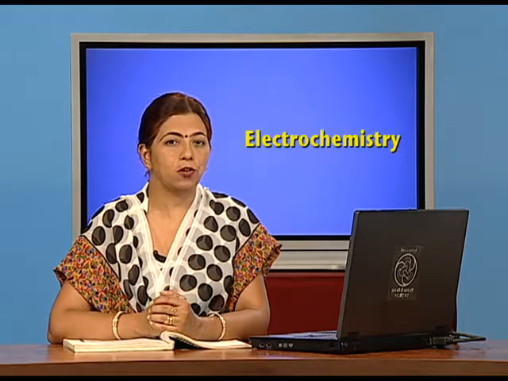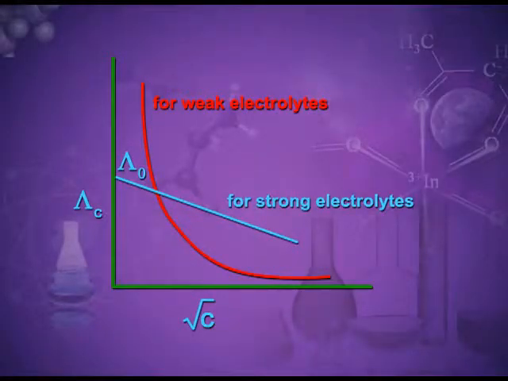For the weak electrolyte, you can see a red curve. For the weak electrolyte, there is a slow but continuous increase in the value of the molar conductance when the concentration approaches 0. But from the graph, you can see that the red line becomes parallel to the y-axis and never touches it.